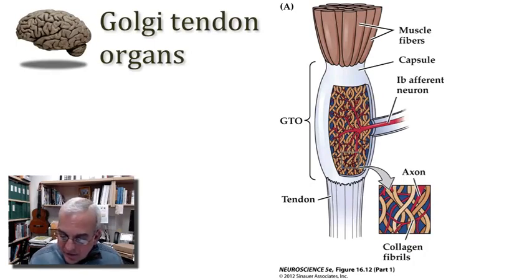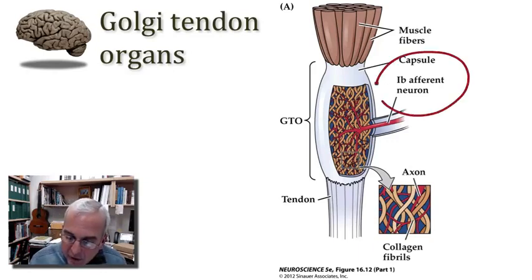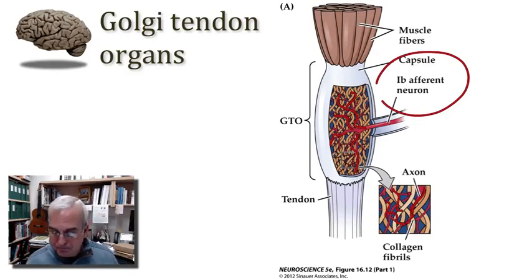So what we find in this region of this musculoskeletal attachment is a set of nerve endings that come from a sensory axon called the group 1B afferent neuron. And these endings are woven into the fabric of collagen fibrils that we find here in this region of the tendinous attachment to a muscle.